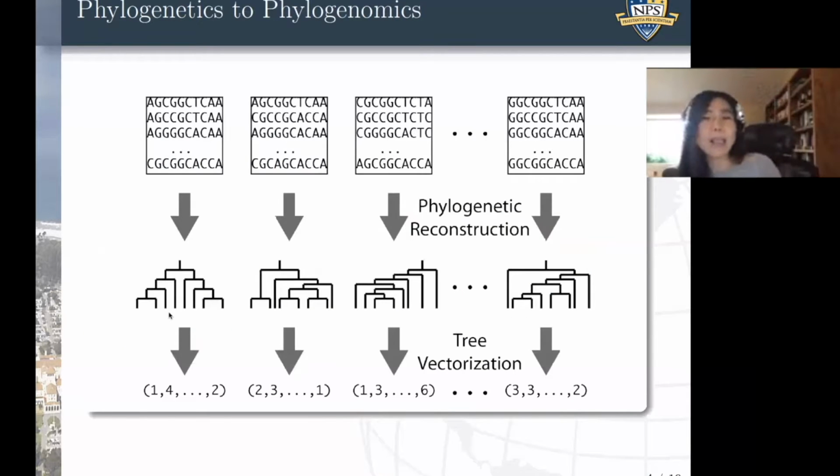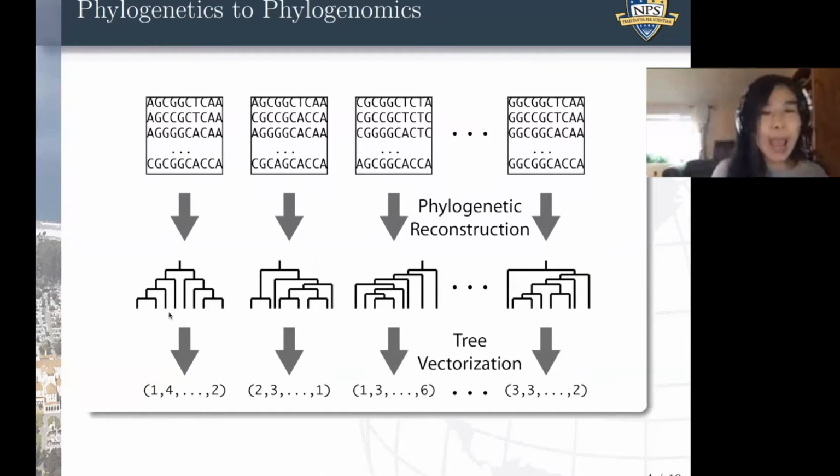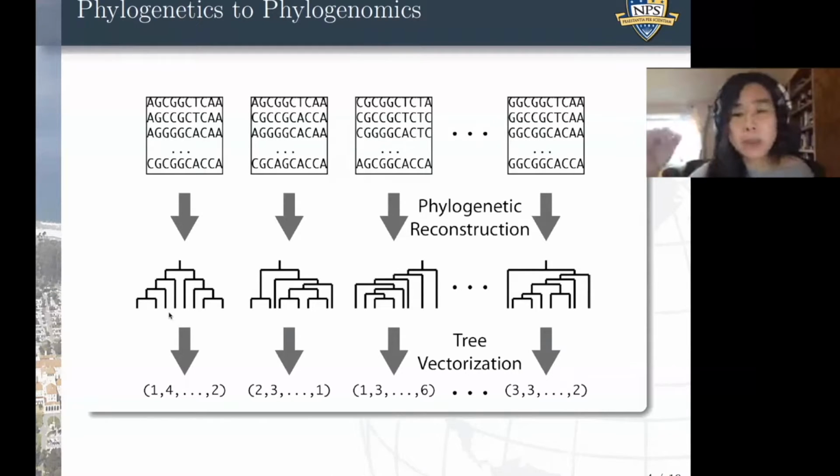For me, I am not focusing on just reconstructing one tree. I focus on analyzing a set of phylogenetic trees coming from the same genome data set.